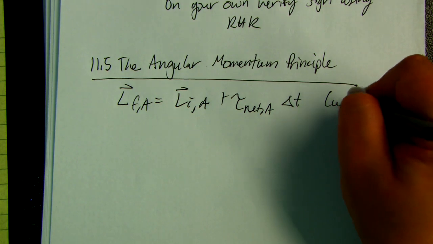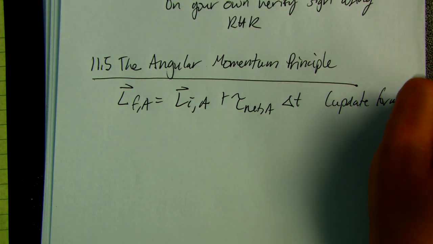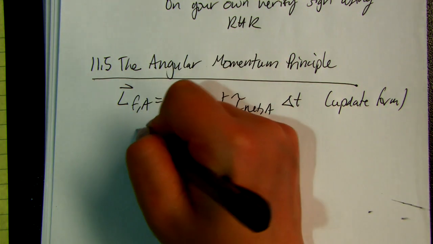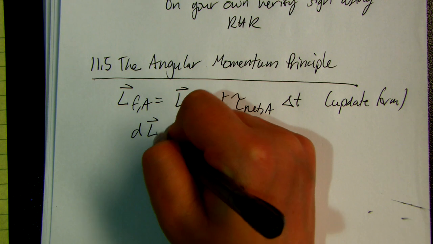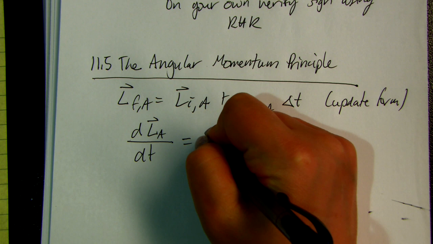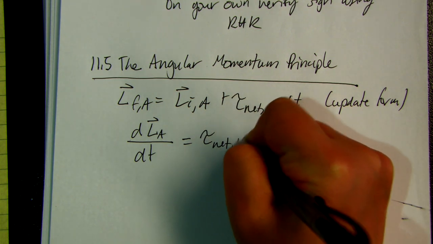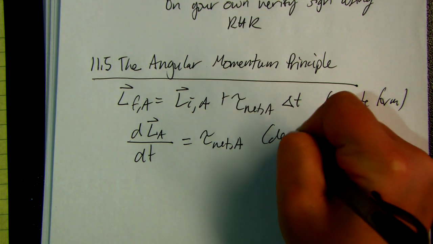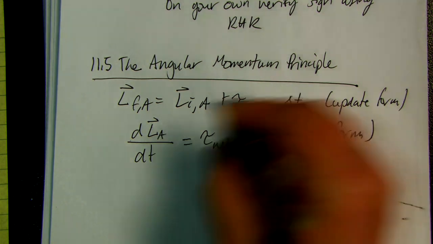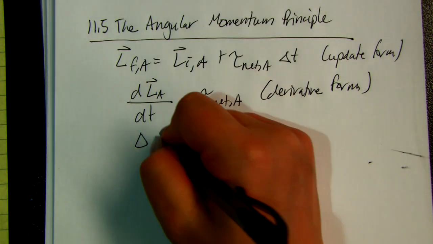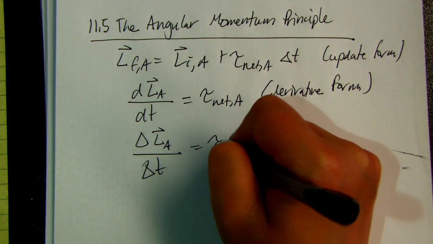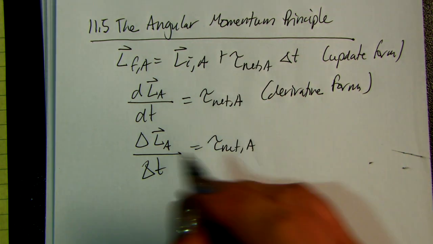This is the update form. Very similar to the momentum principle, that we would have the change of angular momentum with respect to A over the change in time is equal to the net torque with respect to A, which is the derivative form. Likewise, you can also write that delta LA over delta T is equal to torque net A.